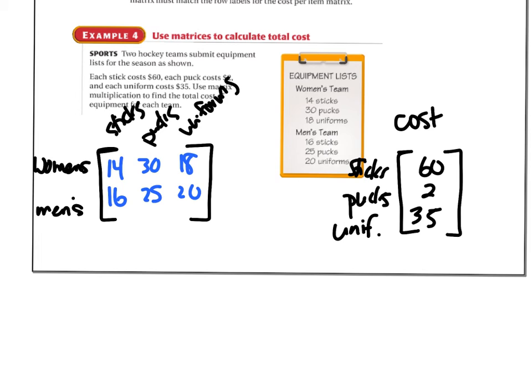So let's look at the dimensions of these two pretty quickly. I have a 2 by 3 matrix here. I have a 3 by 1 matrix here. So because of these, I can multiply them, and my answer will be a 2 by 1 matrix.